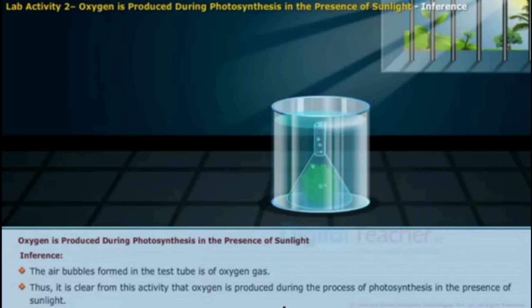What happened? It's a flame. Yes, we understand easily that during photosynthesis, oxygen is evolved. It's proved. And finally, the fourth one, carbon dioxide. How is it used for photosynthesis? The next experiment will help us learn.